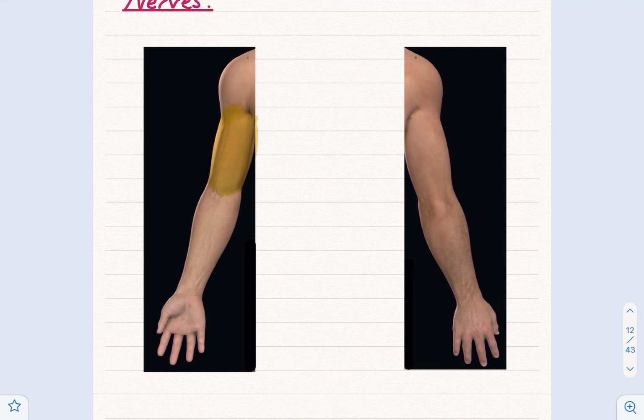Obviously there'll be exceptions, like half of this muscle is supplied by this nerve, a third of this muscle is supplied by that nerve. This is for when you're completely stuck in an exam, or when you're just starting off learning, to get a brief overview of what's going on. Just a brief overview. So here, just think of this as the musculocutaneous nerve.